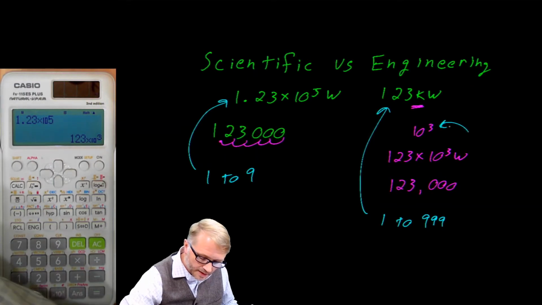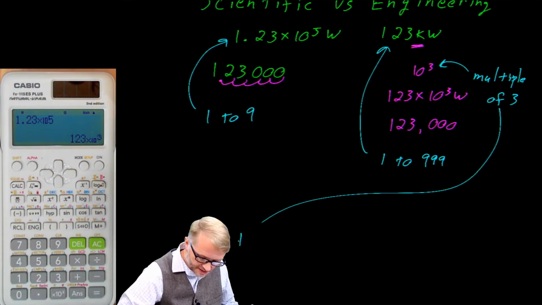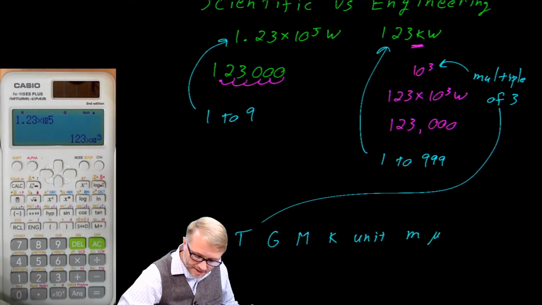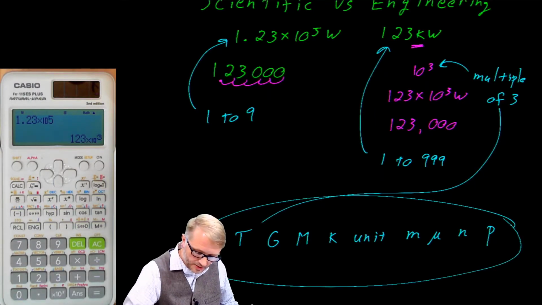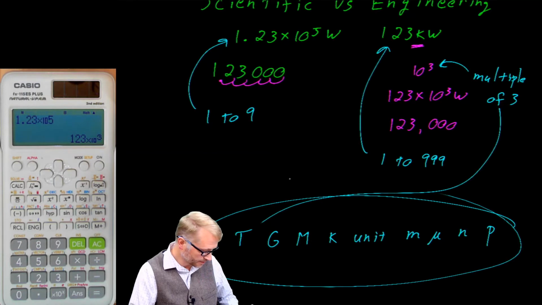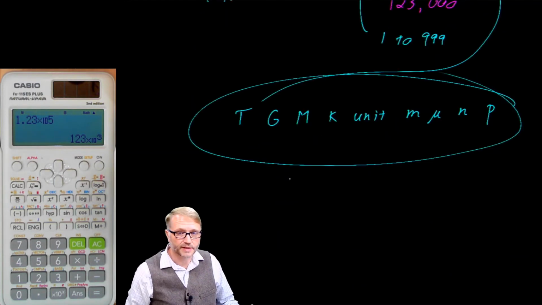And here, this exponent is a multiple of 3 where there were prefixes such as tera, giga, mega, kilo, the unit, then milli, micro, nano, and pico. And all of those should already be on your note card. That's something you want to commit to memory, as we're going to use that again and again in this course.